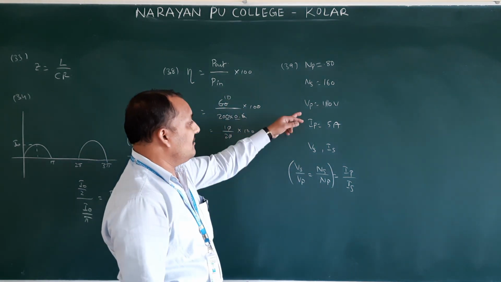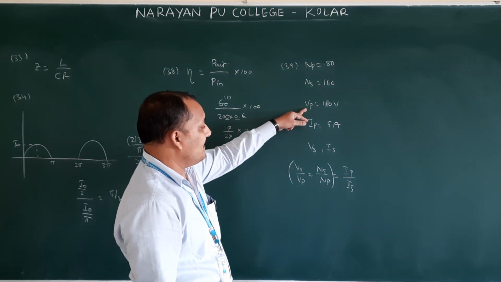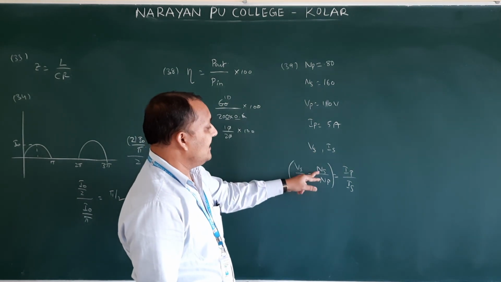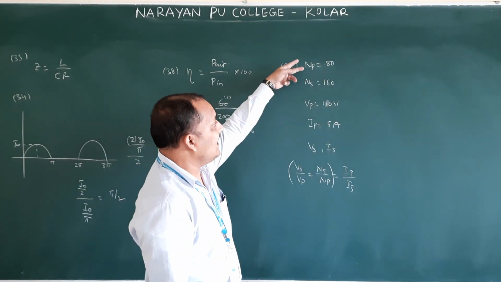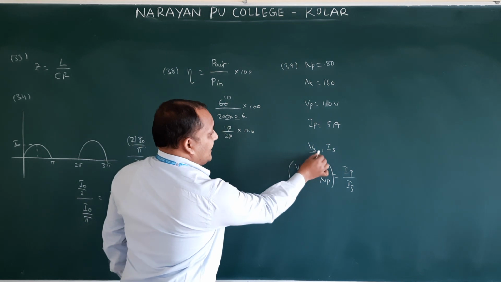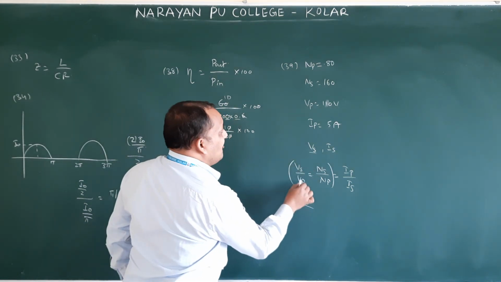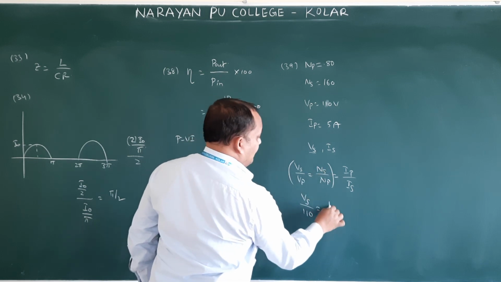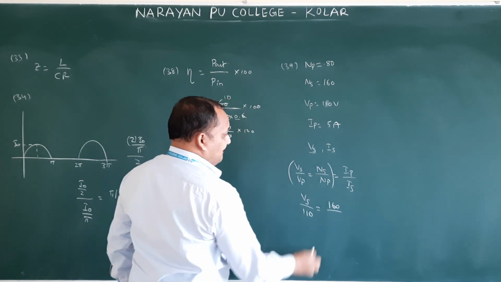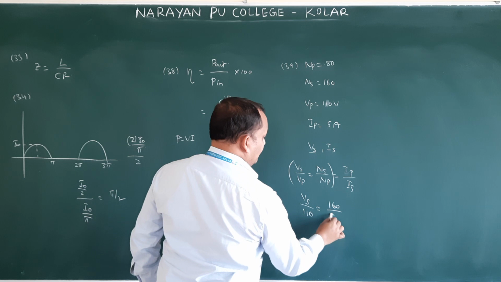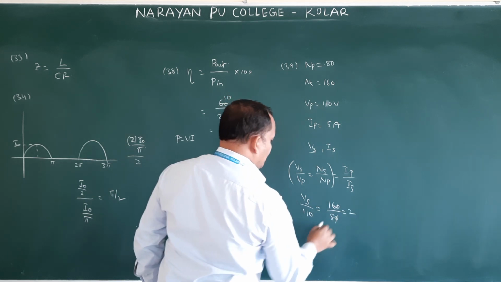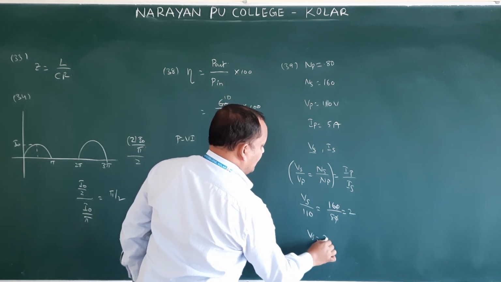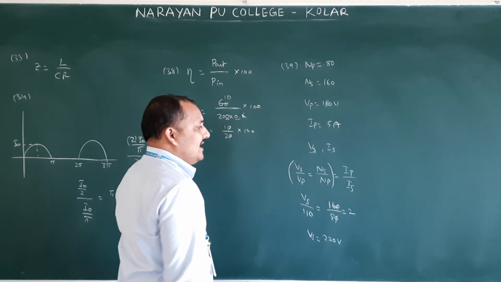Vp value you know, Vs value you should find, Ns and Np values already they gave. Vs by 110 is 160 by 80, that is 2. Then Vs is equal to 220 volts.